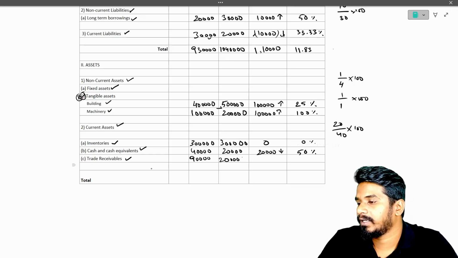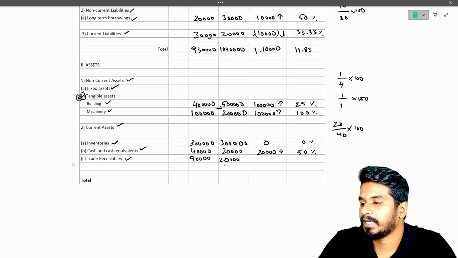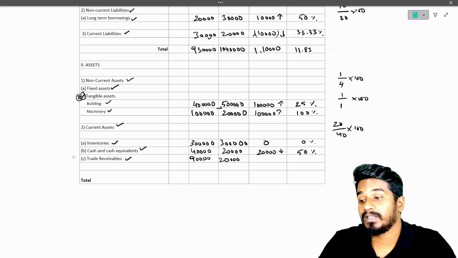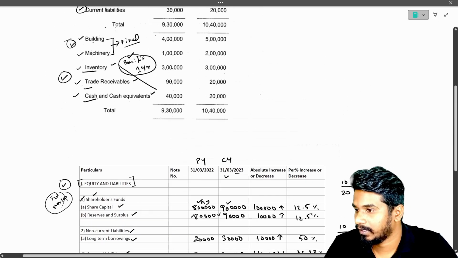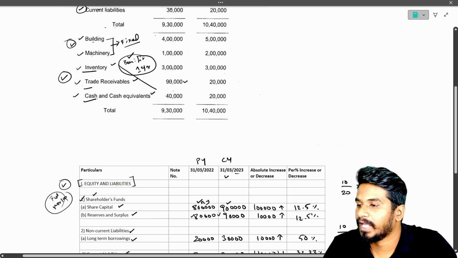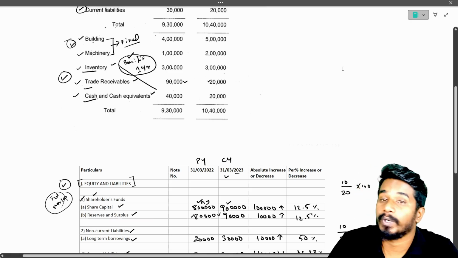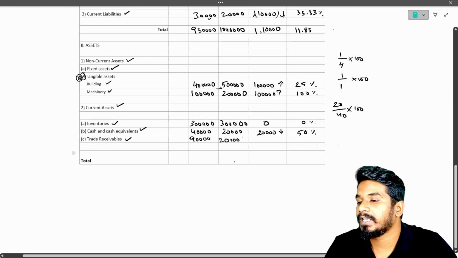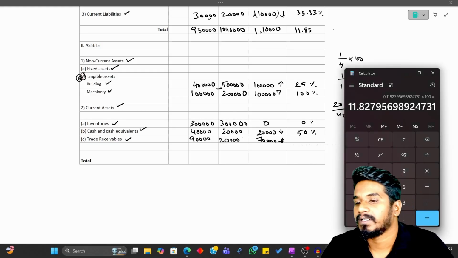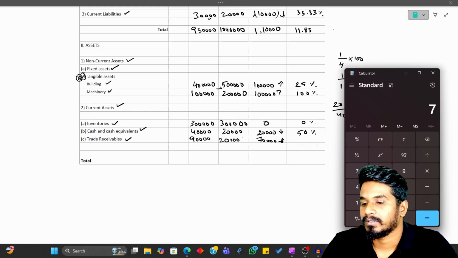And again, we'll see the trade receivable. It was 90,000 and it became 20,000. Almost 70,000 decreased. So what is the percentage? Let me calculate it. 70,000 divided by 90,000, that is base year, into 100.